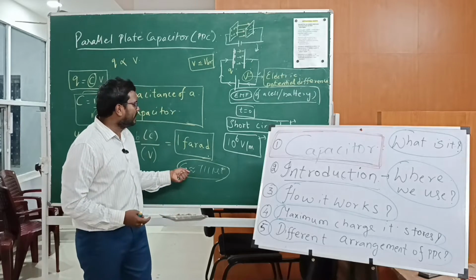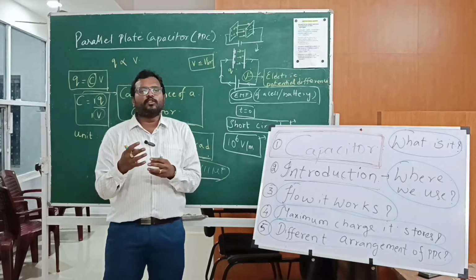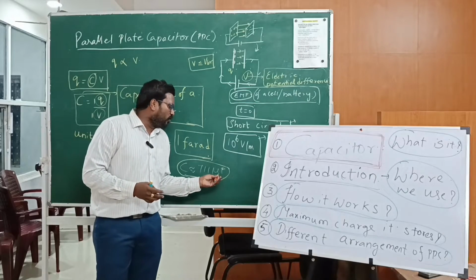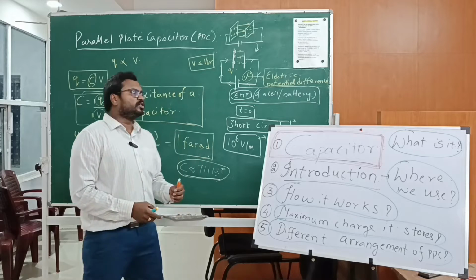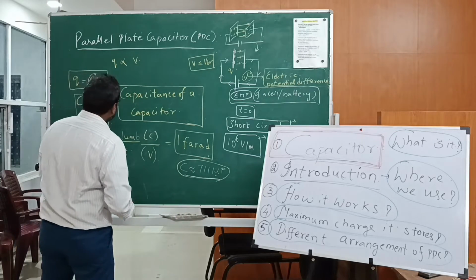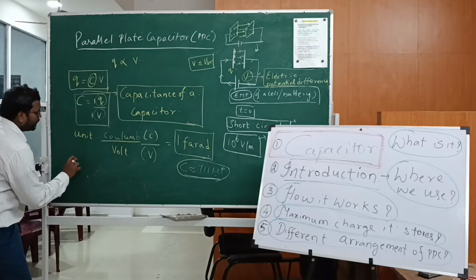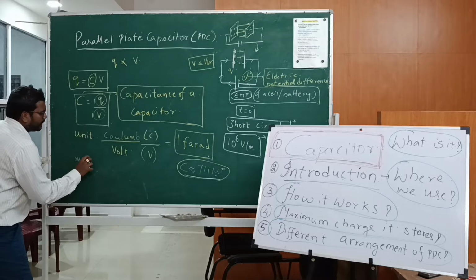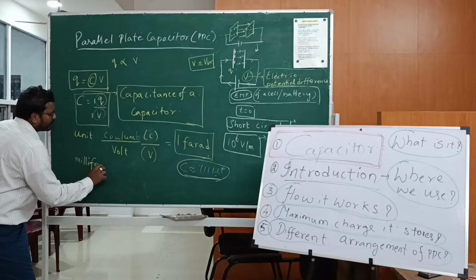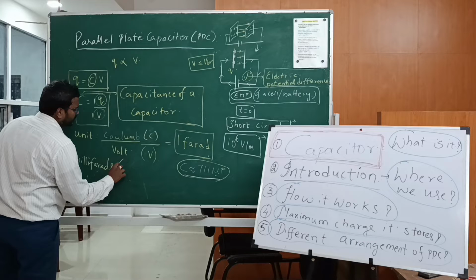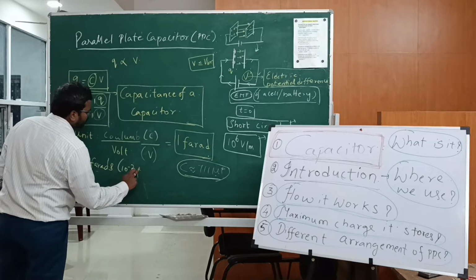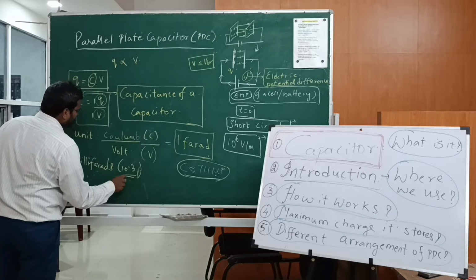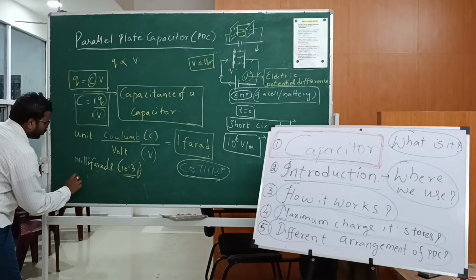Whenever we say that earth has 711 microfarads, remember that a microfarad is a very high value, right? So usually capacitances of capacitors are measured in millifarads, right? Milli means 10 power minus 3 farads.